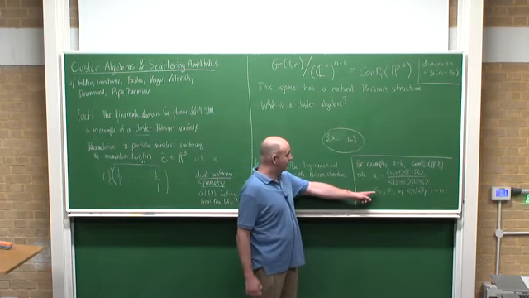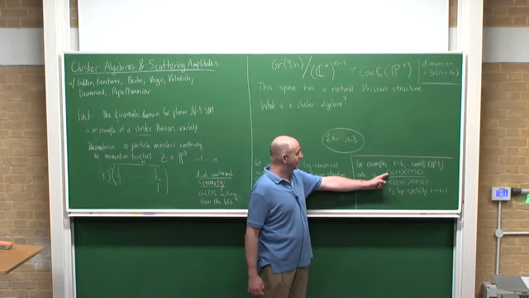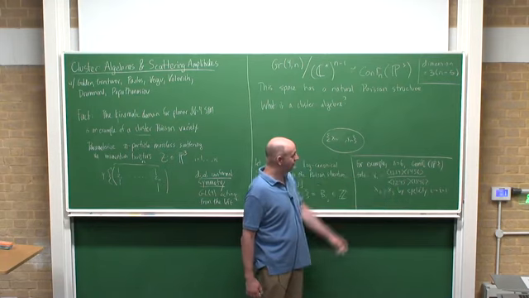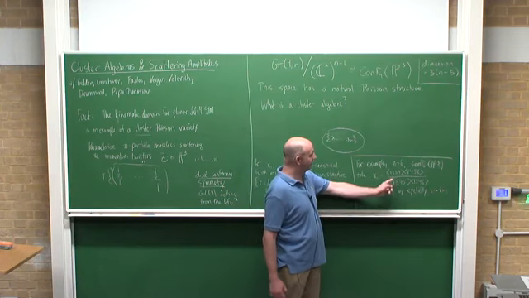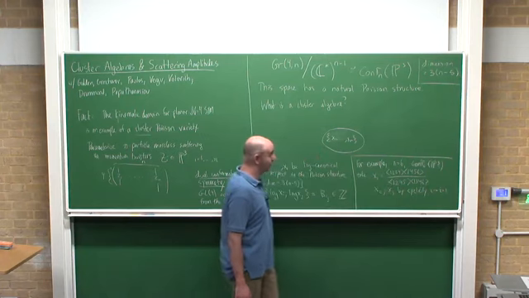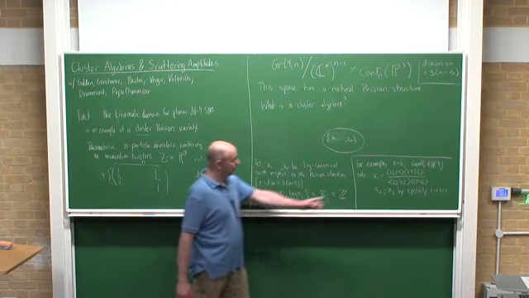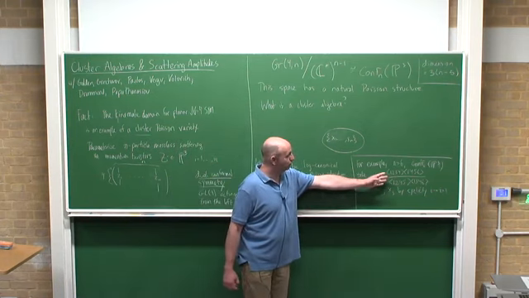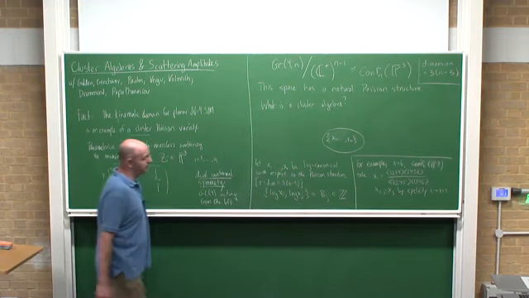I'll define 2 others by just cycling each index here. 1 goes to 2, 2 goes to 3. You can see that if you cycle this by 3, you come back where you start from. So you only generate 2 new coordinates by cycling in that way.